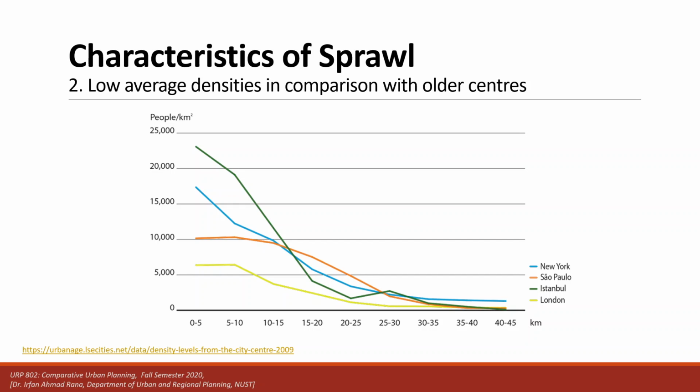It is one of the main dimensions of urban sprawl, where population densities are distributed across the urban space. Generally, in the city center there are larger densities, and as we go to the outskirts or the periphery, the densities go down considerably.